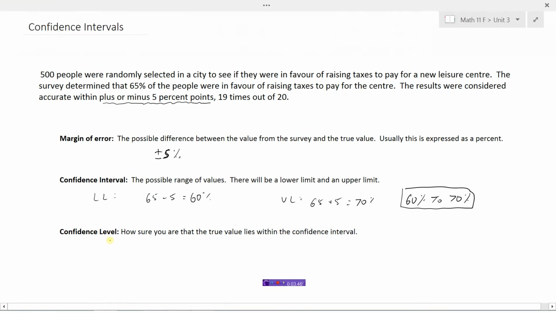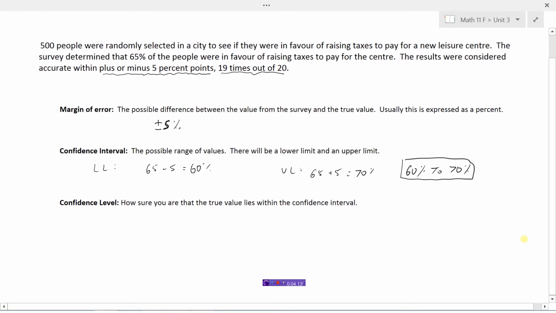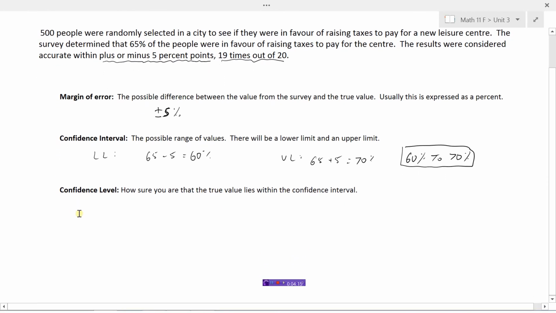And then finally, the confidence level. The confidence level is really how sure you are that the true value lies within your confidence interval. So the confidence level in this question is how sure we are that the true value of how many people are in favor of raising taxes is really between 60 and 70%. And that's where this piece comes in, 19 times out of 20.